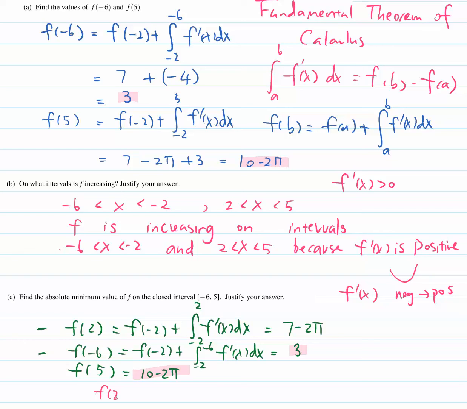So f of 2 is the smallest, and 3 is smaller than 10 minus 2 pi, so it's in the middle, and f of -6 is smaller than f of 5. So here we can find that our absolute minimum value is at f of 2.